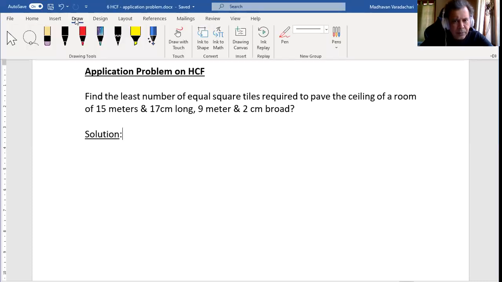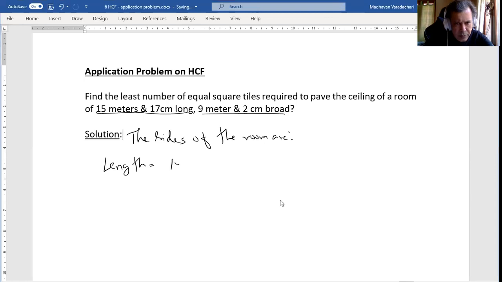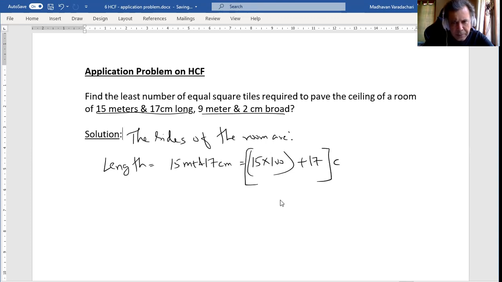Let us convert both into centimeters. So the sides of the room are: first, the length is 15 meters and 17 centimeters, which means it is 15 into 100 plus 17, all in centimeters. That works out to 1517 centimeters.